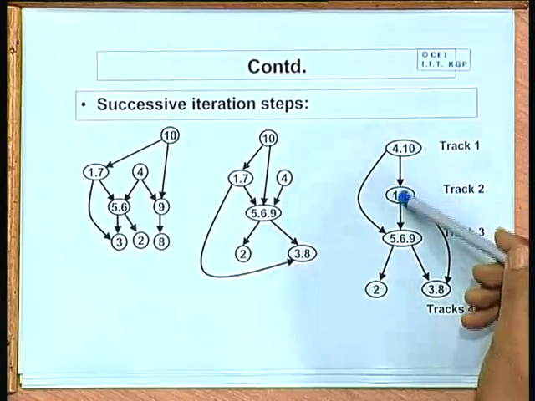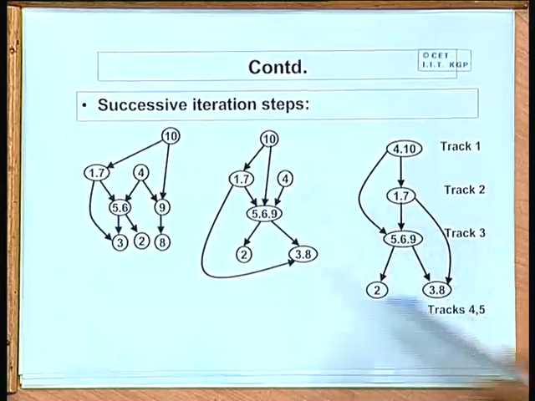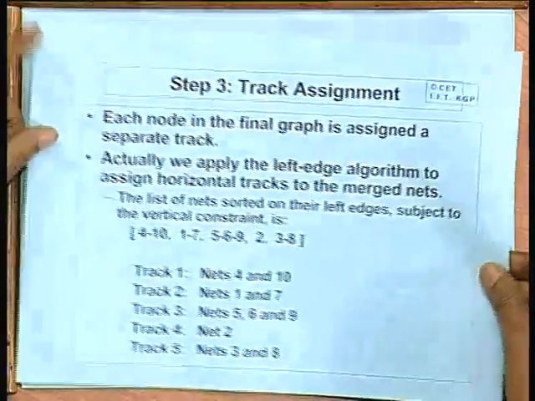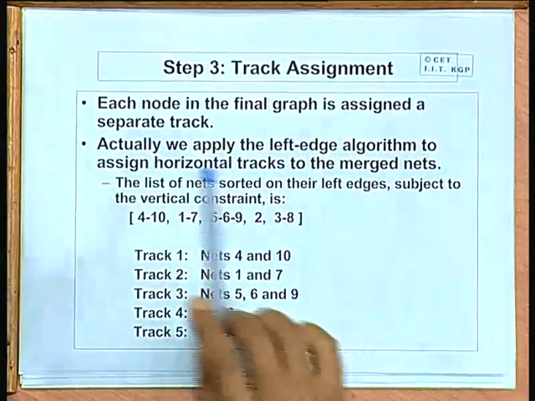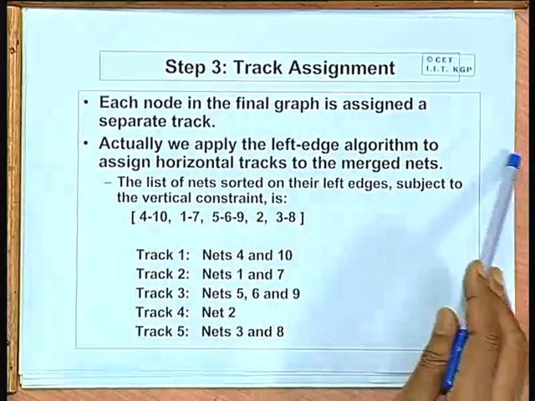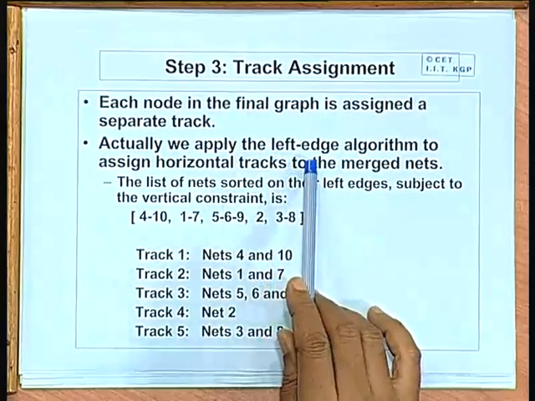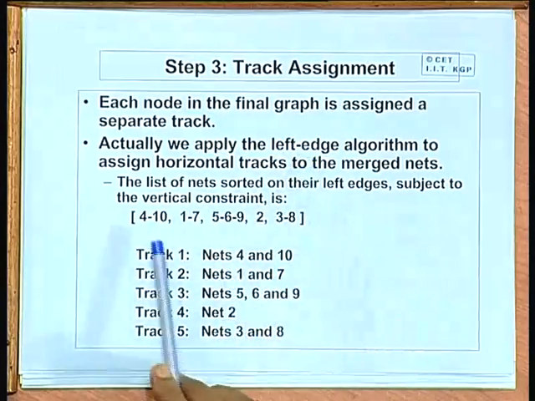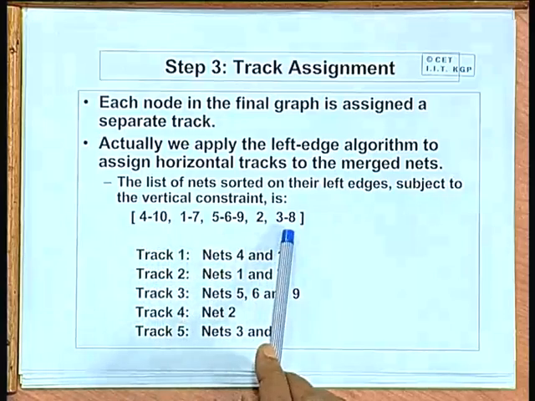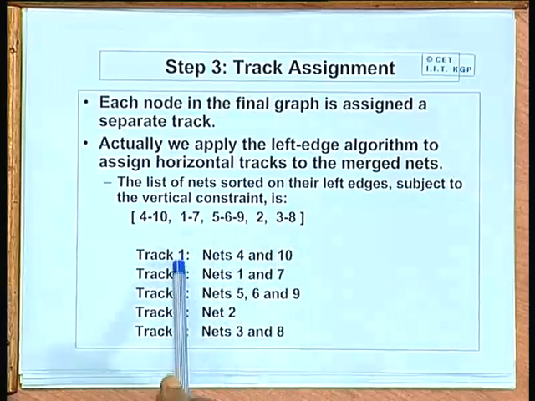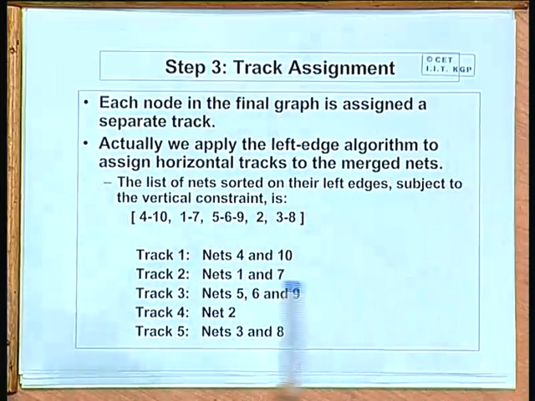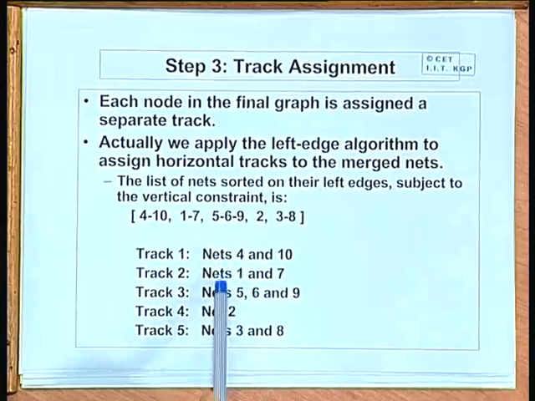First 4 10, then 1 7, then 5 6 9, then either this or this, any order. So, the third step is the track assignment. Each node is assigned a track. We apply the left edge algorithm subject to the constraints. This is the ordering, and in terms of the tracks, just following the graph you allocate nets in this order.